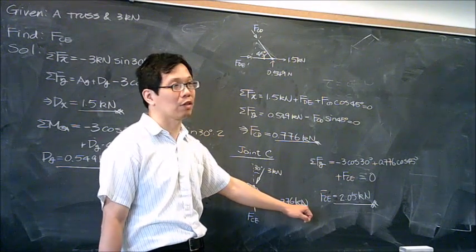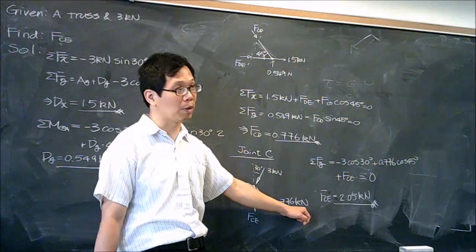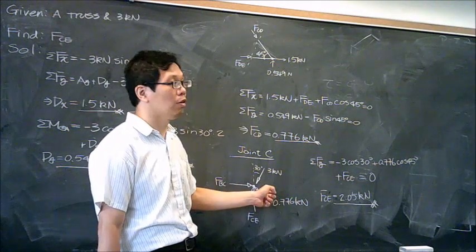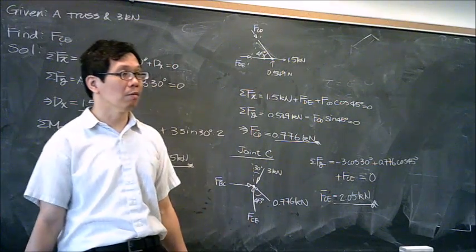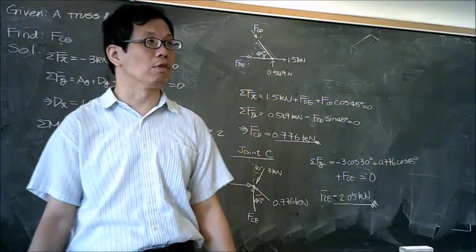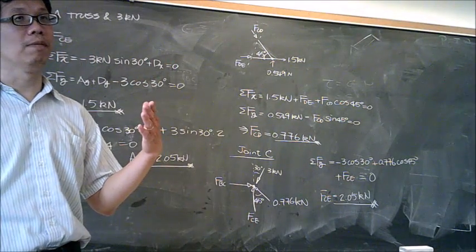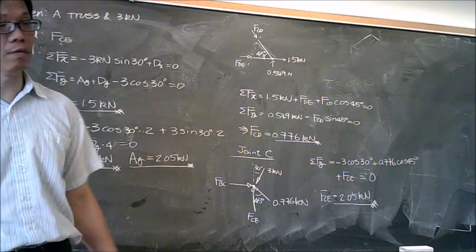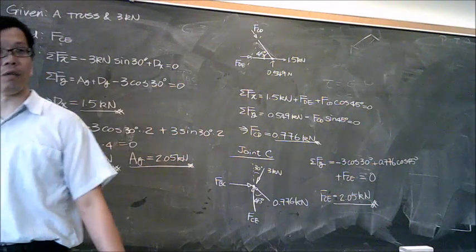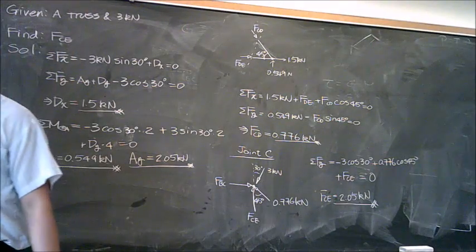Most of the time we like to use positive values when you draw the free body diagram with the arrow in the correct direction. That is something I would like to do, but it's up to you. There is no rule for those kinds of things. As long as you don't confuse yourself while you're solving these, you'll be fine. That's the break. 5 minutes.